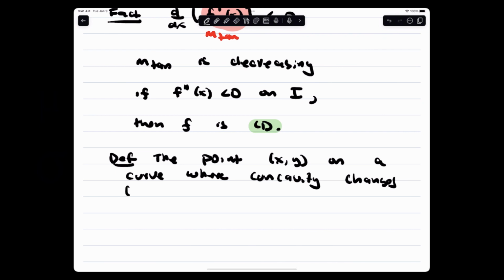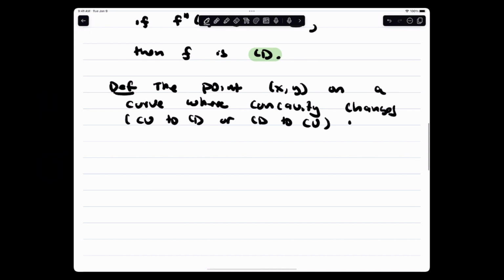You say, what does that mean? Concave up to concave down, or concave down to concave up. The point where it changes is called an inflection point. So you can have inflection points, the points where you change concavity.